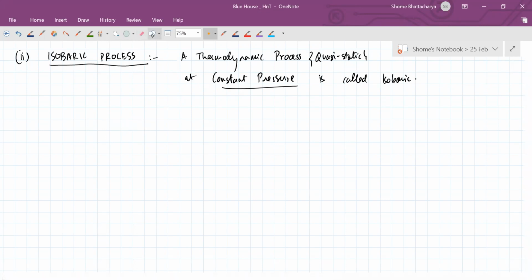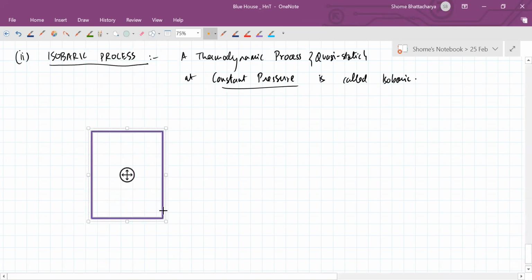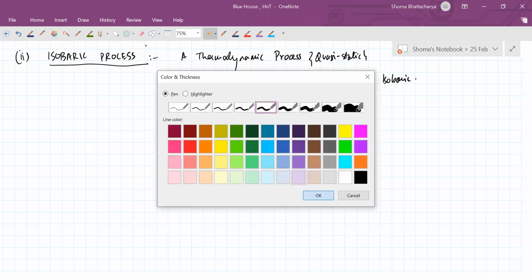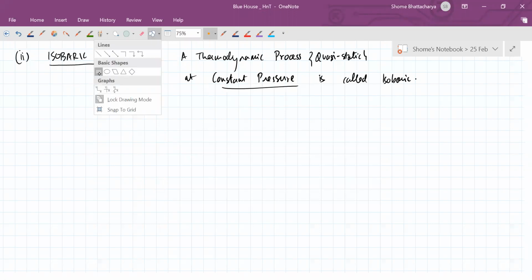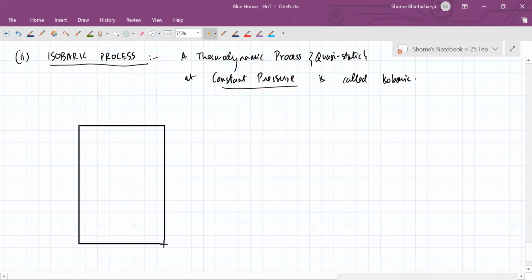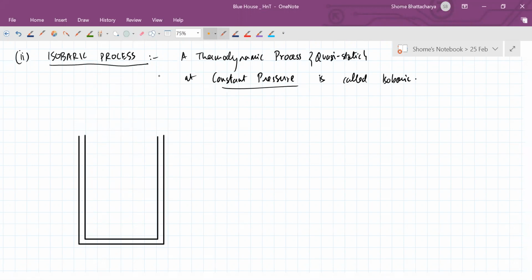So experimentally, how we conduct this is that our container has to have a free piston which is kept with a fixed amount of loading on it.